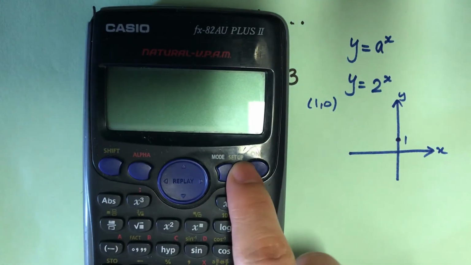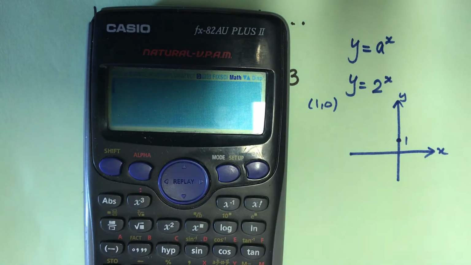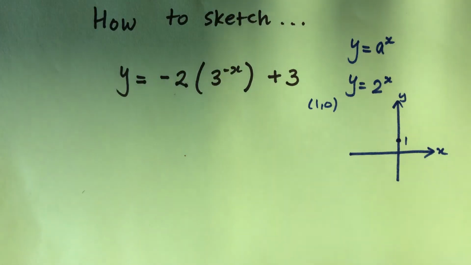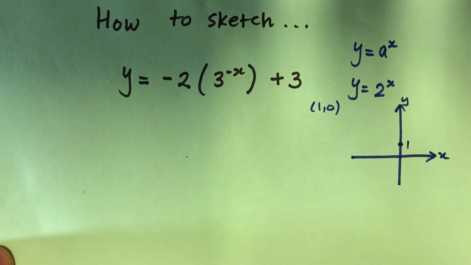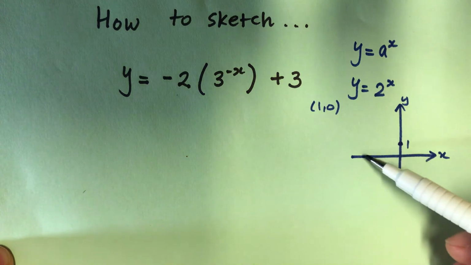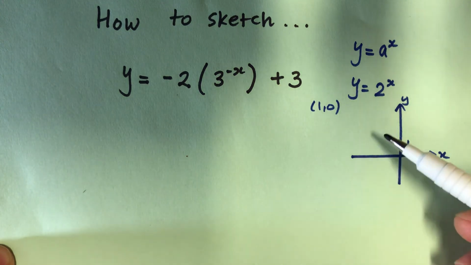If it was 2 to the power of negative 2, that's actually 1 over 4. So it's 0.25. So you're not going to get 0, but it's going to get smaller, smaller, smaller, and it'll go really, really close to 0, but never be 0.